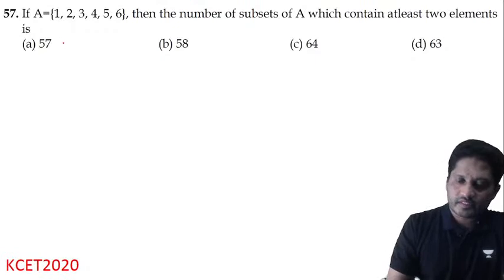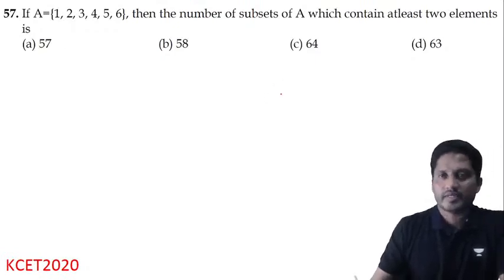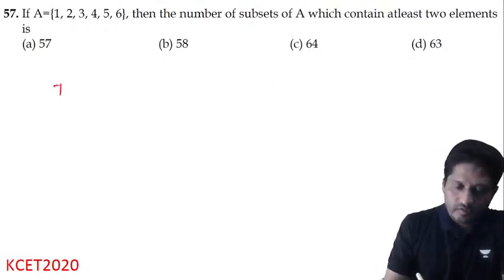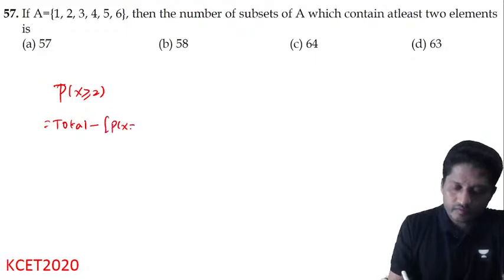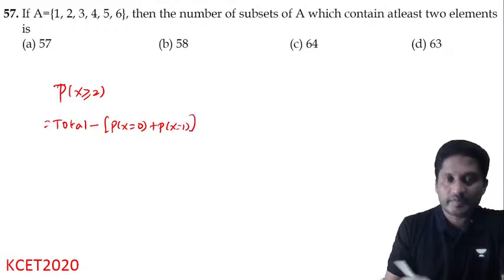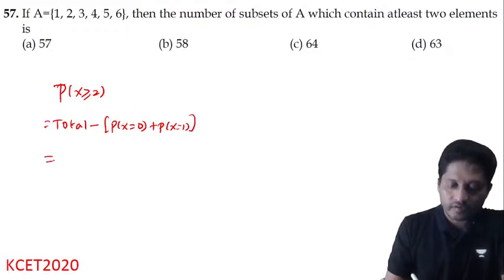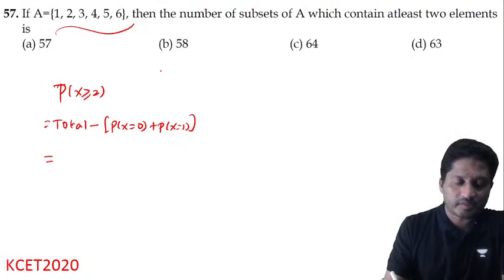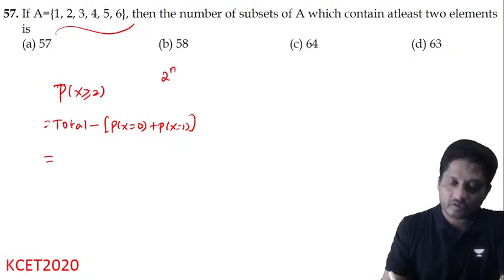Total number of subsets which contains at least 2 elements. At least 2 means greater than or equal to 2. So I can take total minus P of 0 and P of 1, that is, 0 elements and 1 element. Total number of subsets of a set containing n elements is 2 power n.